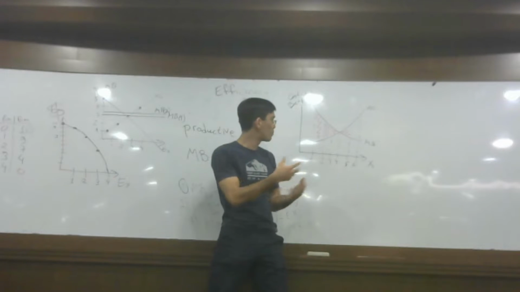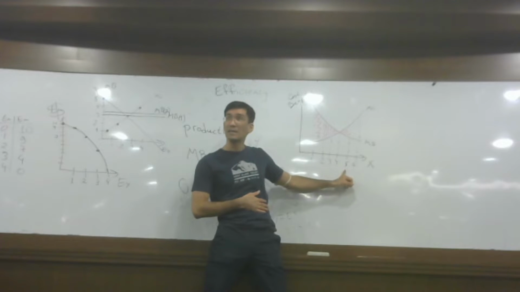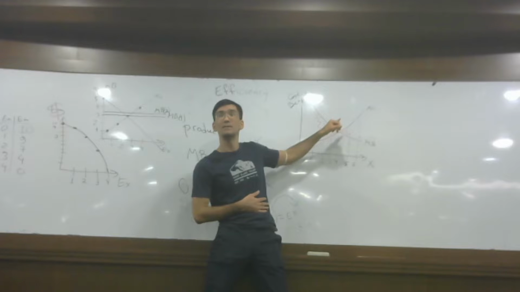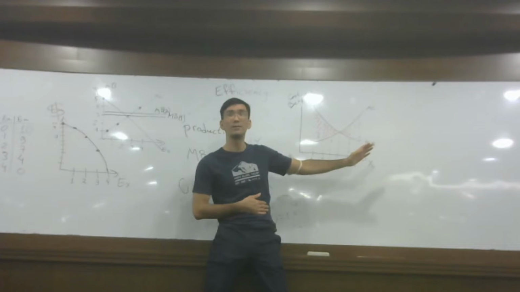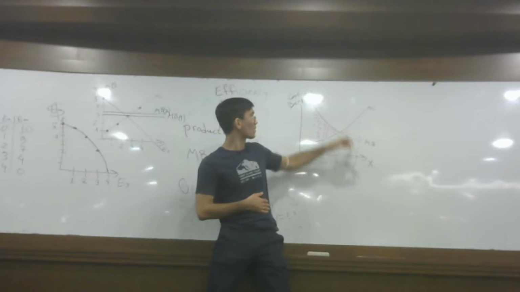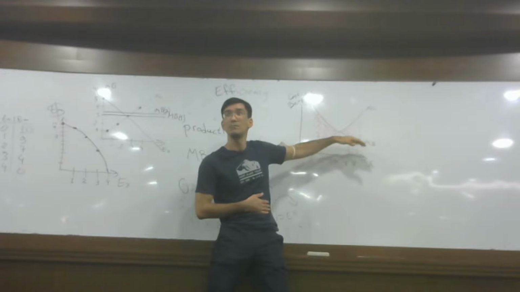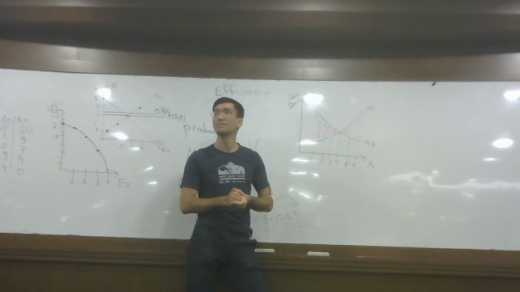But then if I push harder, the benefit of the fifth X is less than the cost of the fifth X by that diagonal shaded area, right? And so on. The cost of 6X is greater than the benefit of it by that dotted, spotted shaded area, right?